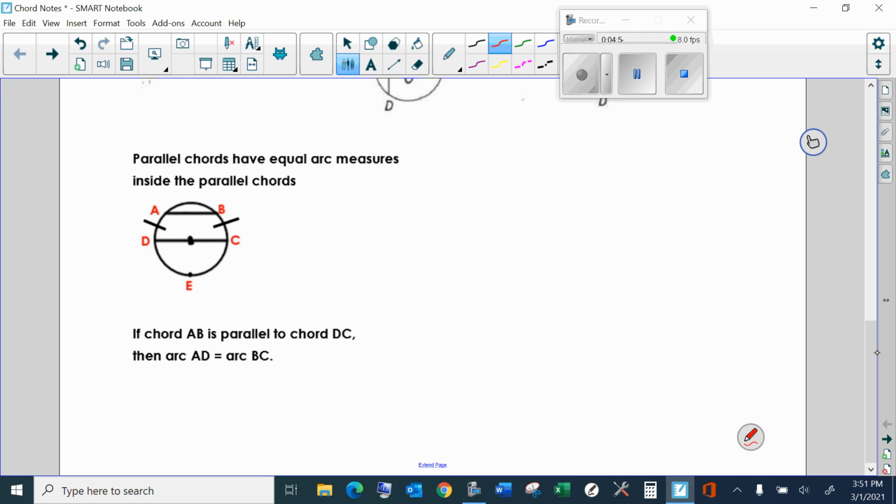Okay, those arc measures are the same. So if chord AB, this right here, is parallel to DC, then arc AD is equal to arc BC, and that refers to arc measure there. Okay.